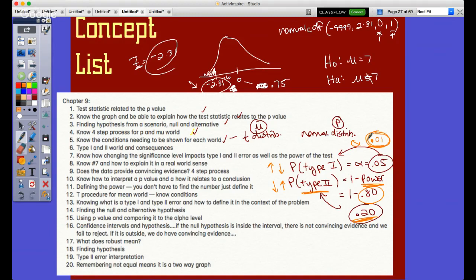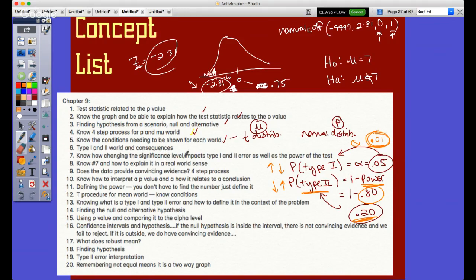So just know how those coincide. Know the formulas, but then just know as one increases, the other will decrease. You're never going to have a perfect world in this. Just know that as I decrease type 1, I might have to increase type 2, and vice versa.